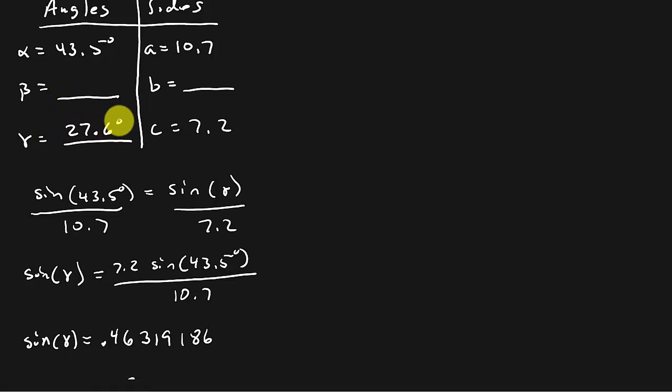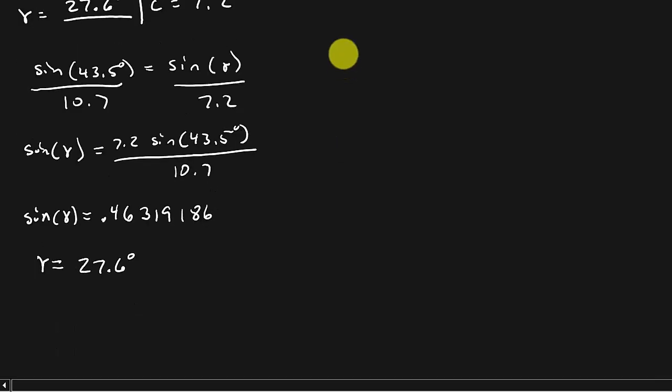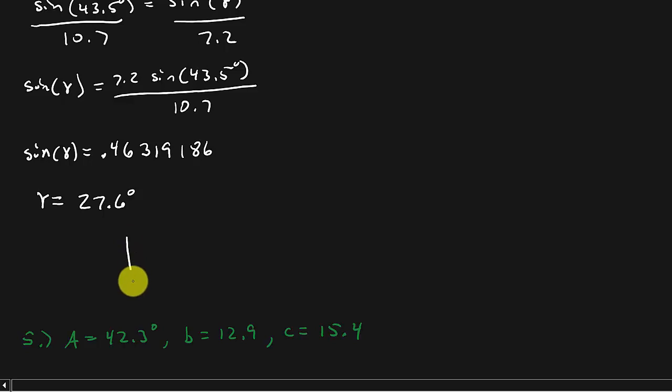Now remember what I told you. One angle's given, two are unknown. So there's a possibility. It's so important that you understand what I'm saying there. Possibility of two triangles. I didn't say there are two triangles. I said there's a possibility. So let's find our angle in the second quadrant.